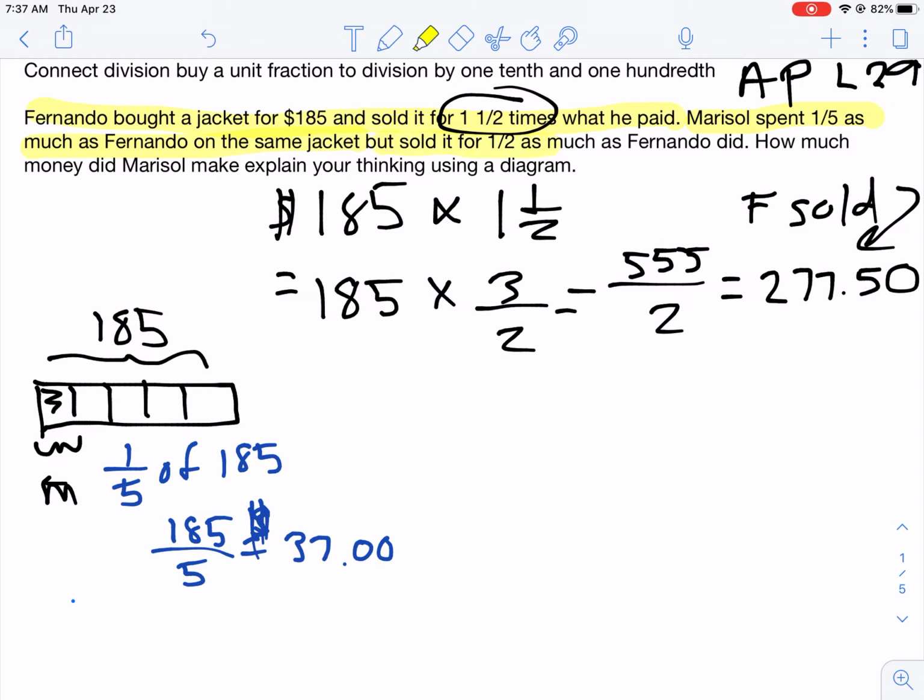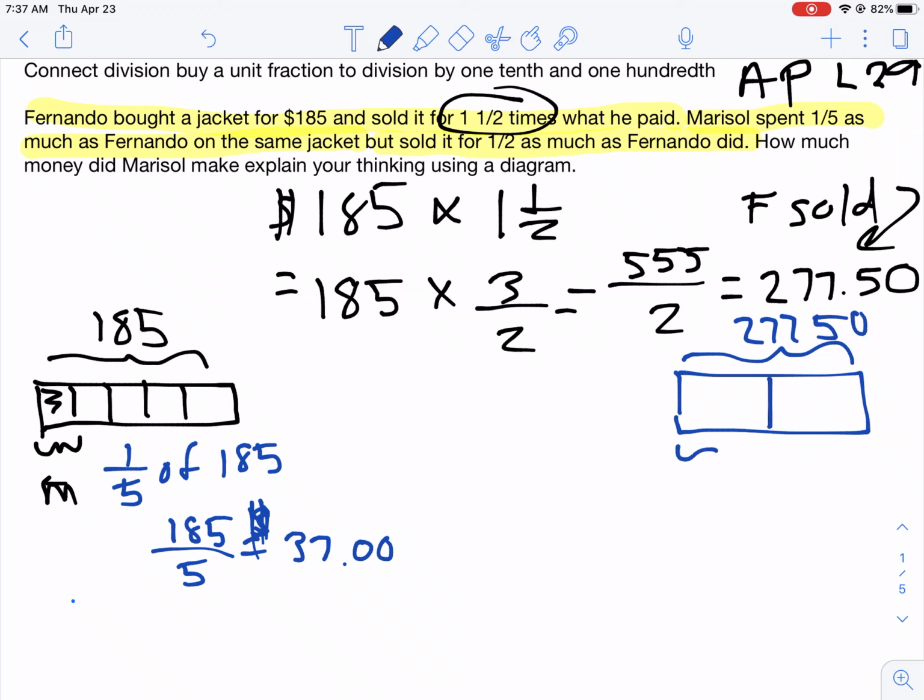But sold it for half as much as Fernando did. Okay, so we know how much Fernando sold his for. He sold his for $277.50. So we can draw another tape diagram, the whole being $277.50. She sold hers for half the amount that he sold his.